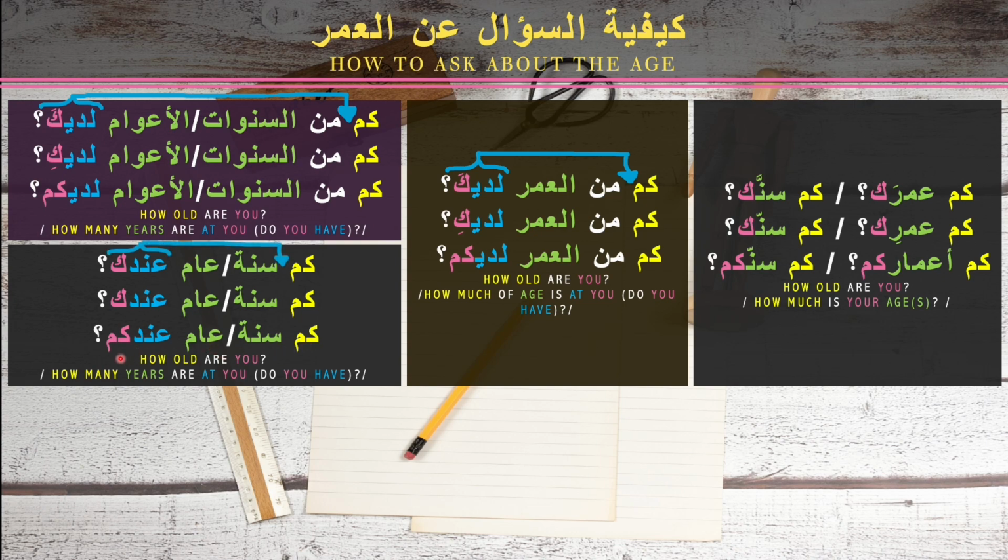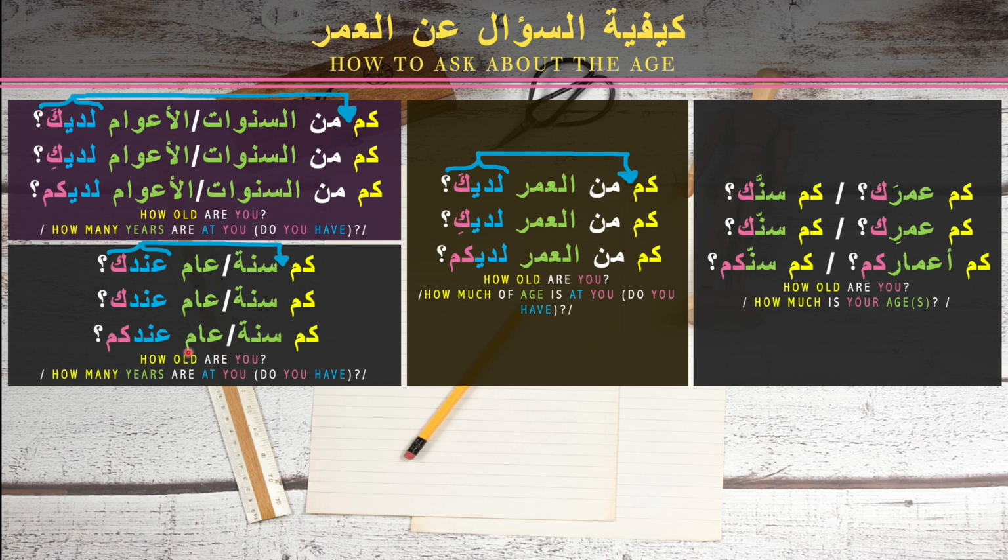The same thing, we can replace the adverb complex to be located at the beginning after the interrogative tool. So كم عندك سنة or كم عندك عام, كم عندكم سنة, كم عندكم عام.